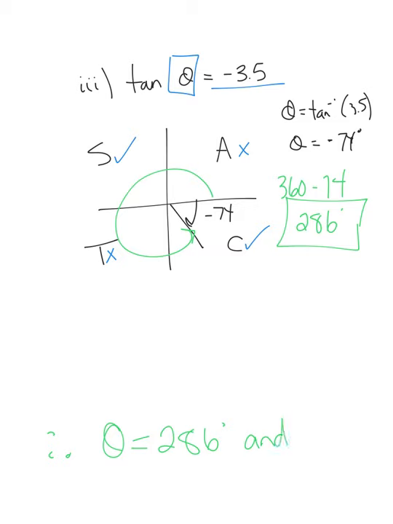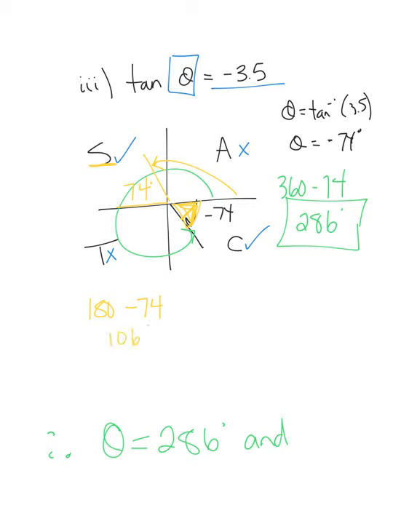Now, my second angle, I need to mirror it in this S quadrant right here. So I need to follow the x-axis, and I need to have a 74 degree angle, just like I had here, okay? And so if I'm trying to calculate this new angle, it's 180 minus the 74, and that's going to give me 106 degrees.